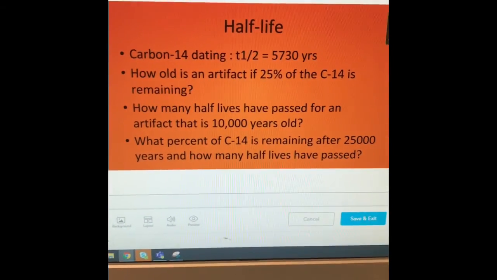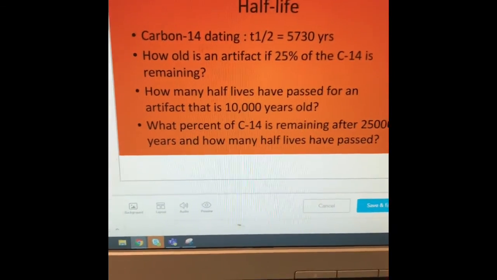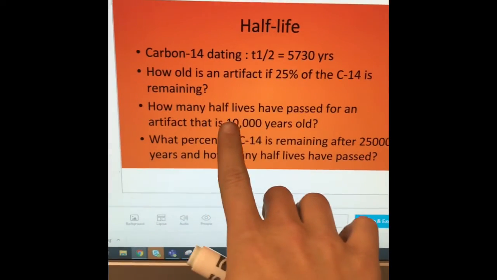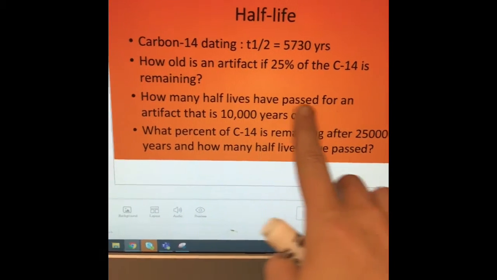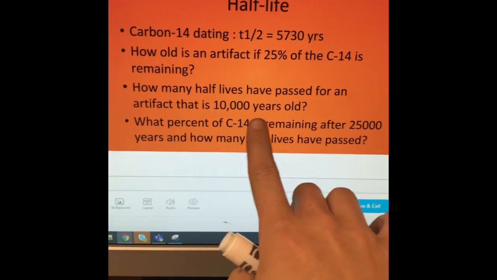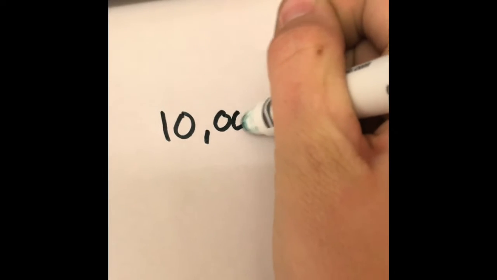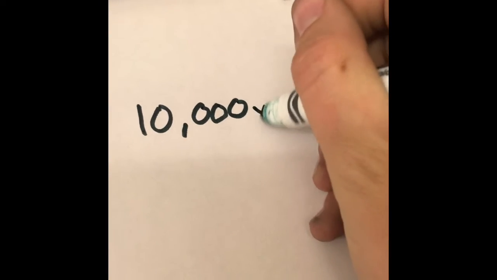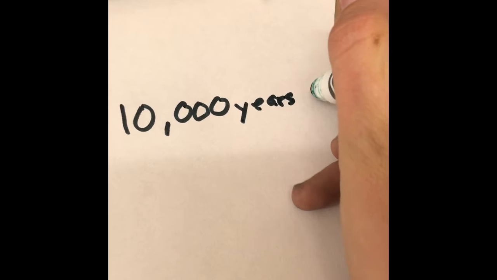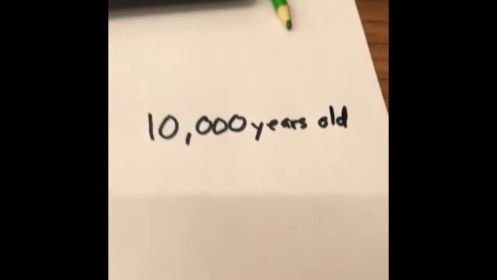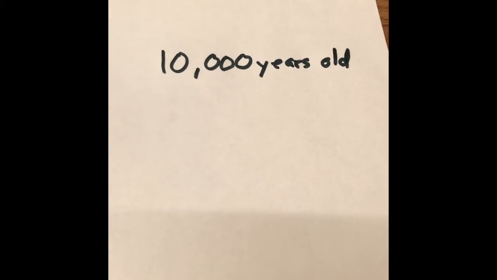All right, let's take a look at our second practice problem. It says, how many half-lives have passed for an artifact that is 10,000 years old? This one's a little bit different because we're given the age of the artifact in the problem. We know that it's 10,000 years old. So how do we determine the number of half-lives that have occurred?